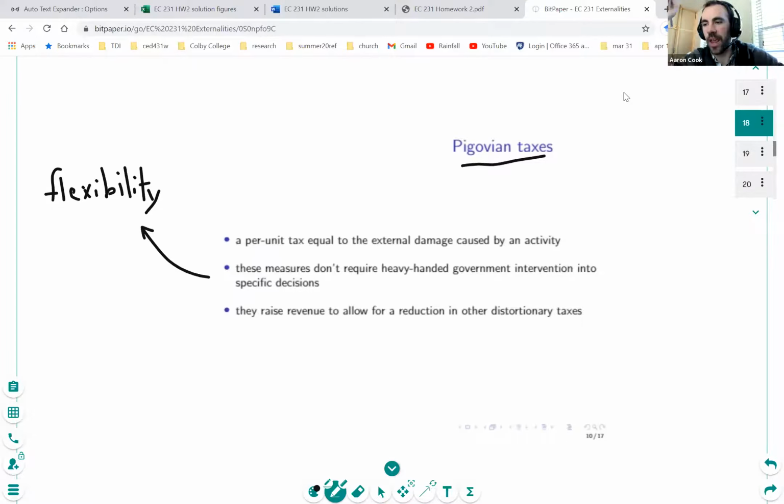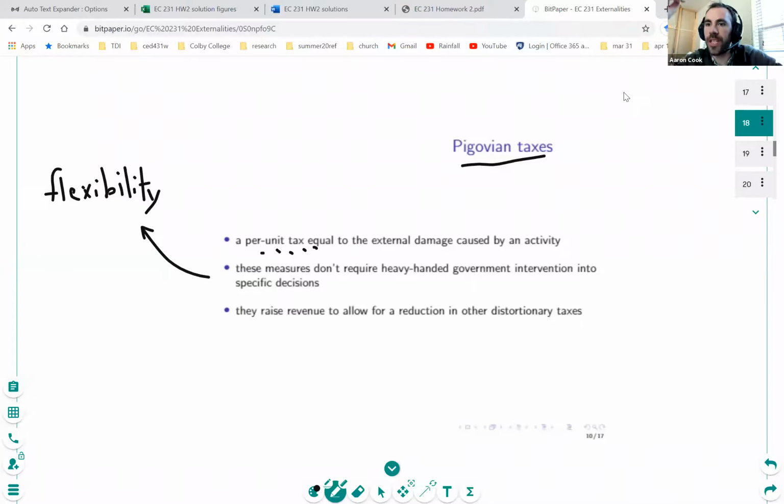Arthur Pigou wrote a book around the turn of the 20th century, called The Economics of Welfare, where he talked about problems that have social costs associated with them. His solution was to impose an extra penalty or an extra tax on the good that was being produced. For every unit that's being produced, the suppliers have to pay an extra fine or penalty for each unit that they produce.